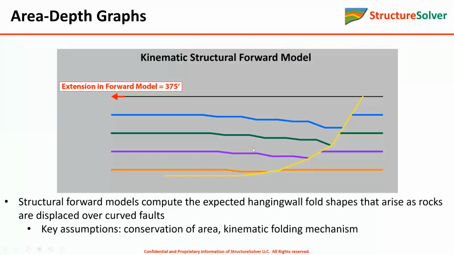And so this is an area balanced forward model that has a known amount of displacement. This model has 375 feet of extension along that listric fault, and this is the computed fold shape that arises assuming inclined shear and extension across that listric fault shape.